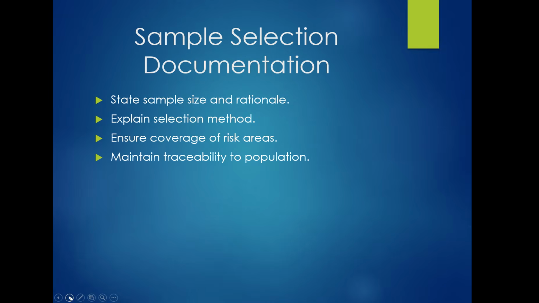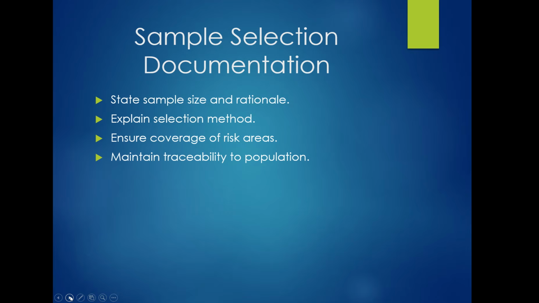Sample selection documentation. For your sample selection, the methodology used should be clearly defined also. What is the rationale for your sample size? What is your selection criteria? Is it a risk-based selection? And then you should be able to link it back to the full population.